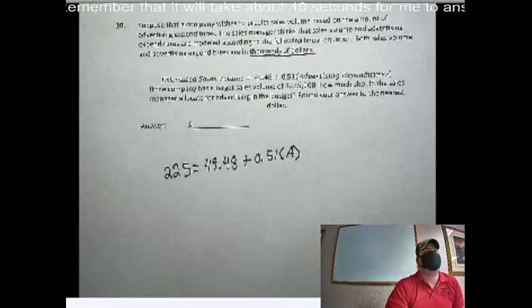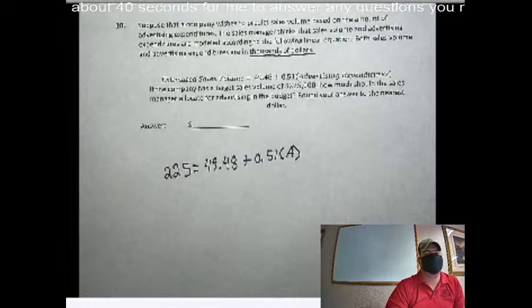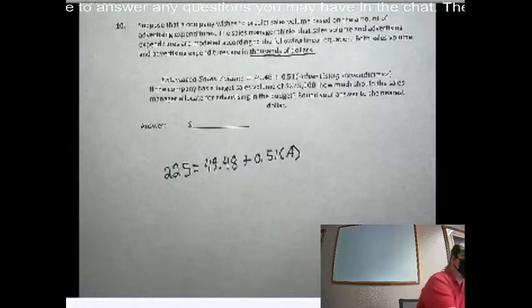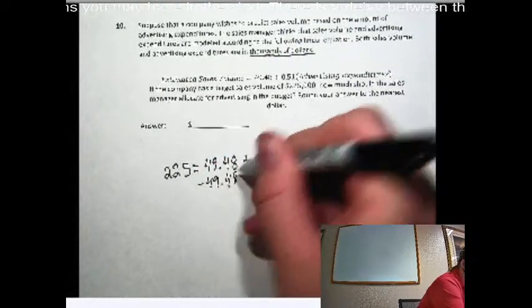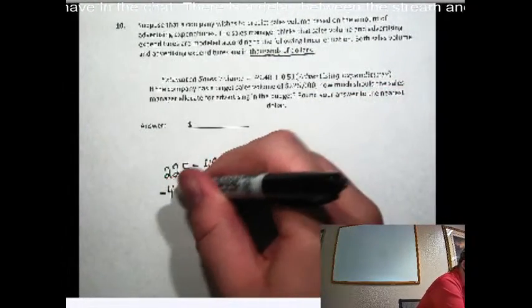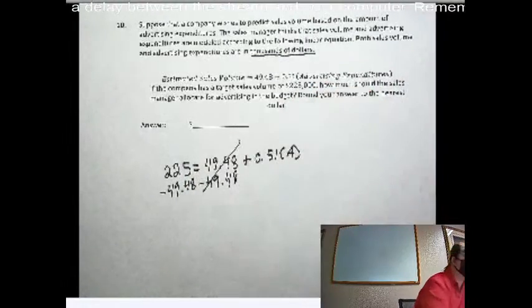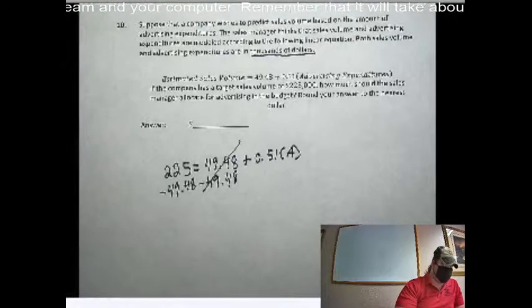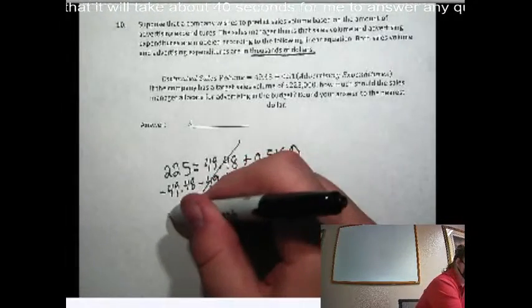So, we need to solve for A. In other words, get it by itself. So what's the first thing that we can do in working towards that goal? Perfect. Subtract 49.48 from both sides, of course, because we need to preserve balance here. So that cancels there. Let's see what we get when we subtract it from 225. 225 minus 49.48 is 175.52.